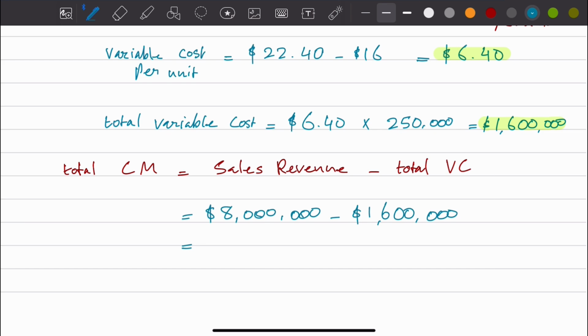That means that the total contribution margin is 8 million minus 1,600,000. That would be 6,400,000. Okay, which is the answer to the third requirement.